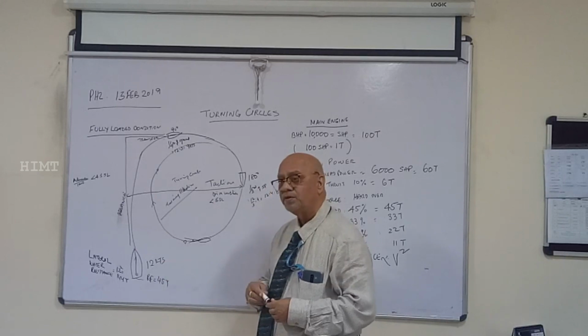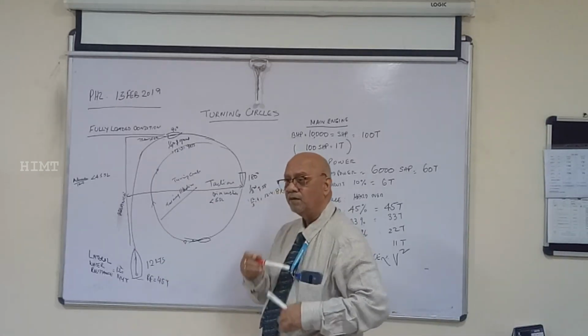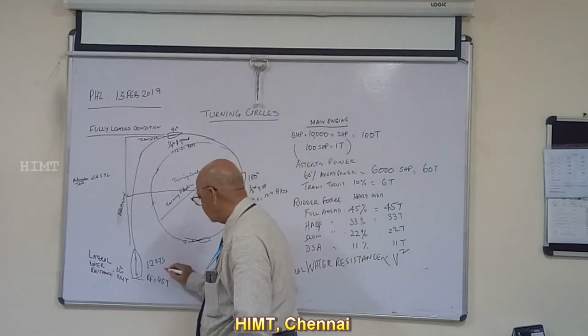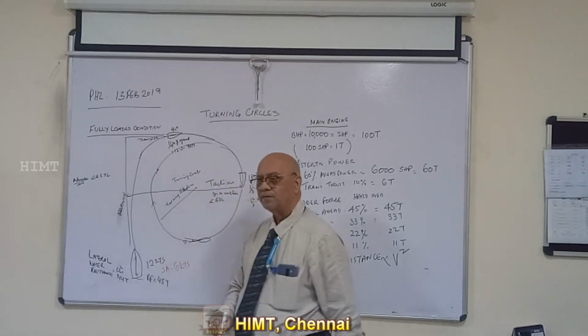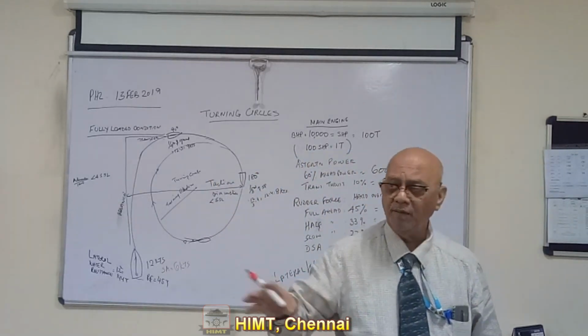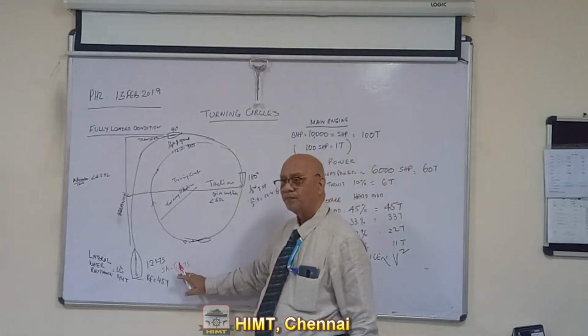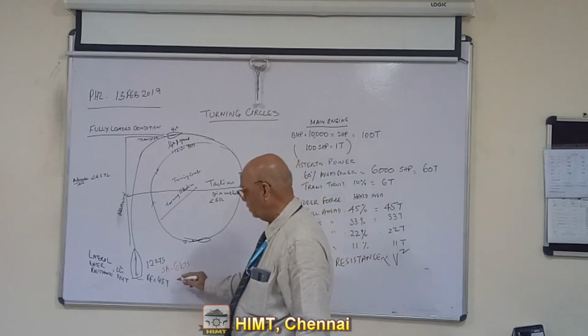Now if I have to do this tactical turn at slow ahead, say at 6 knots, fully loaded, what will be my rudder force?